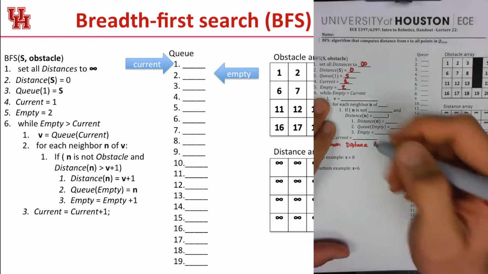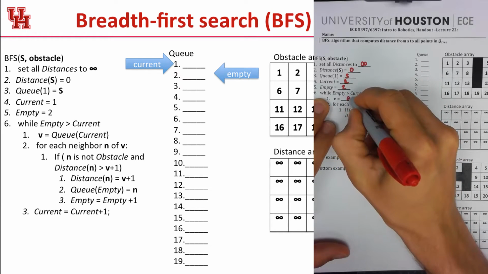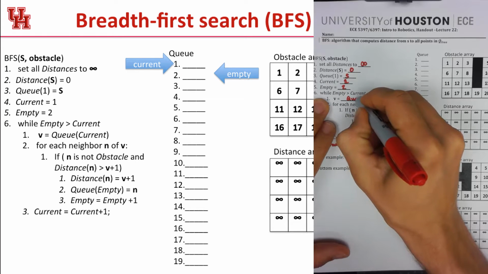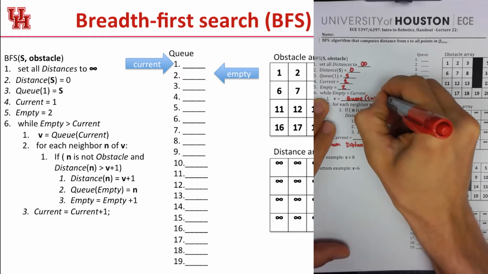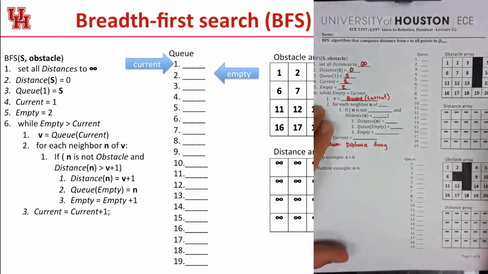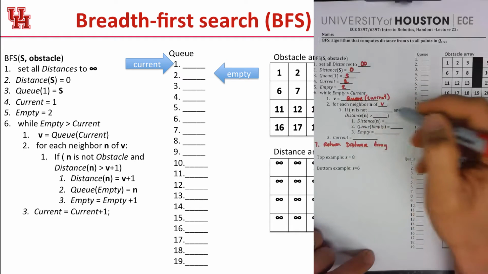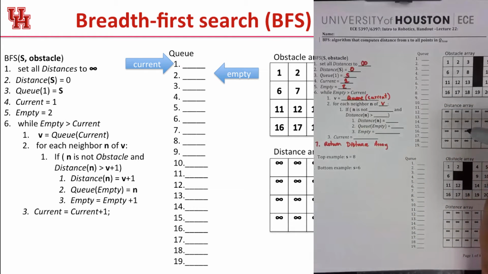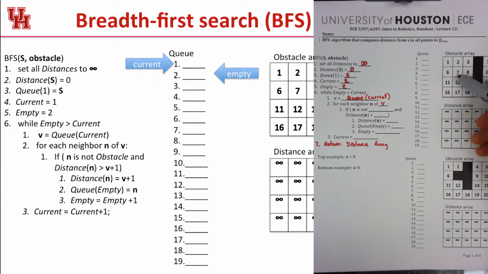So the first thing I do is I'm going to grab a vertex from queue, so we're going to grab the current one, queue current. And then for each neighbor n of v, we're going to do a few steps. First, we're going to test and see, so let's say 7 is my value that I'm looking at, I'm going to look at its neighbors.